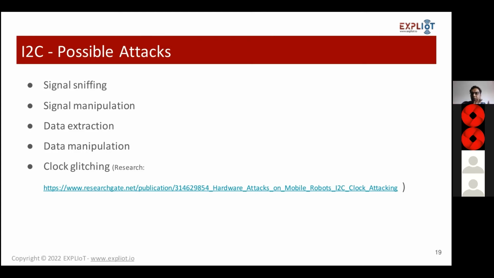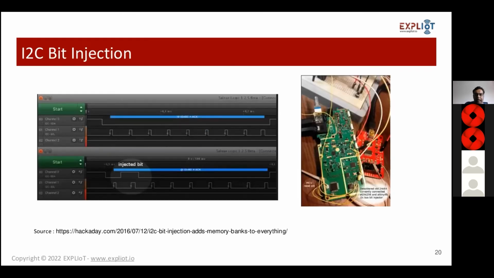Similarly, you can manipulate the data, pack in malicious code, and solder it back. Clock glitching is again one thing, but here we won't discuss that. You can refer to this link to read about the research done on clock glitching from an I2C perspective.